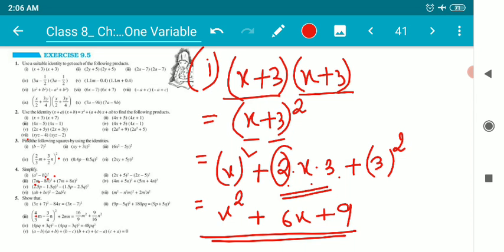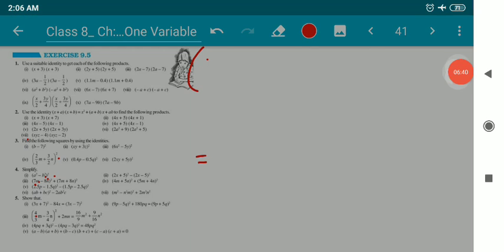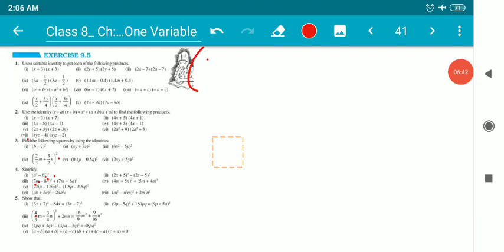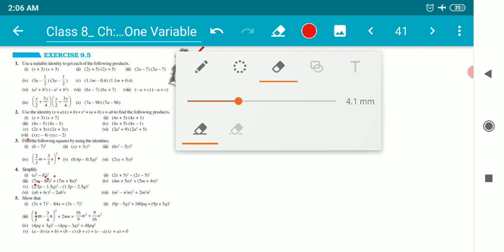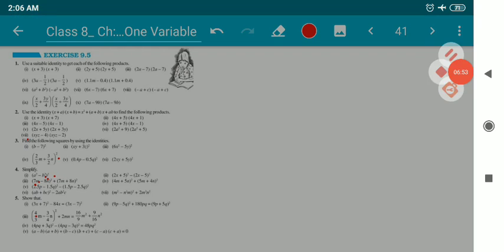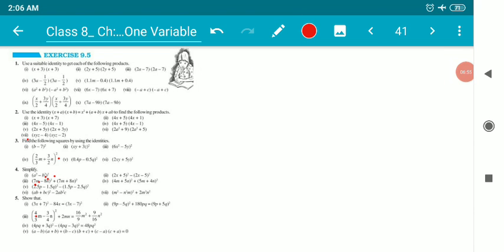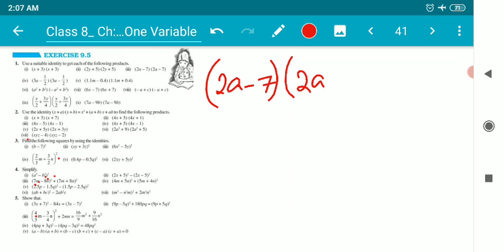All right children, the next one we can talk about is, suppose, (2a minus 7) and (2a minus 7).